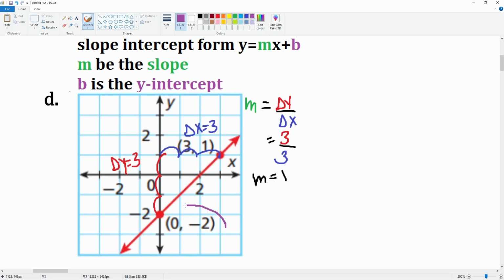Let's take a look at this value here. This is the y-intercept because that is the location at which the line passes through the y-axis. B is equal to -2. And now we can just grab this equation, erase the m, substitute in the slope, which is -3, and then substitute in the b, which is -2 here.